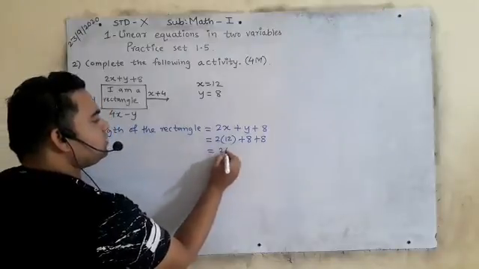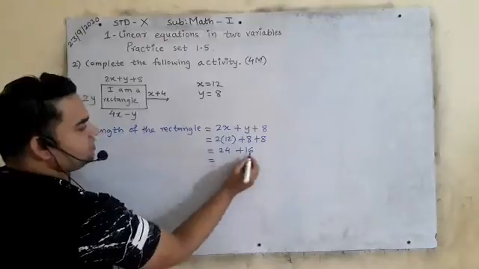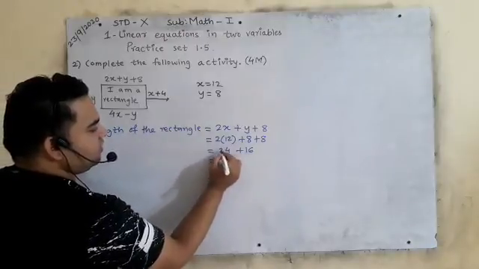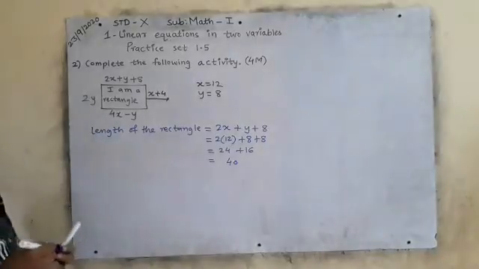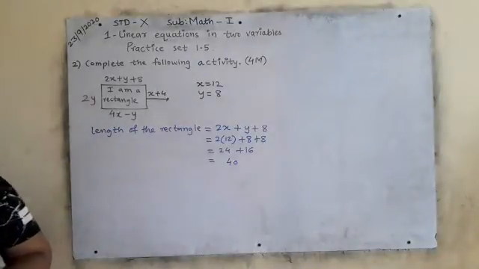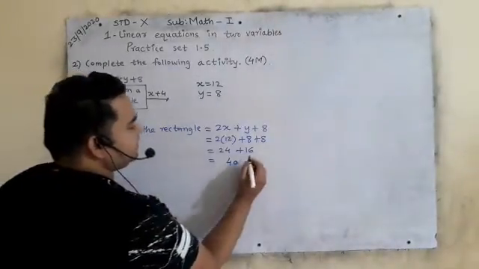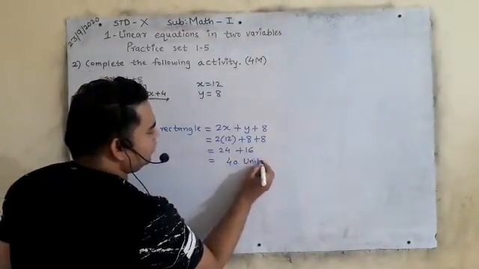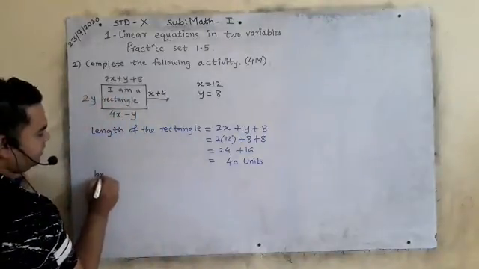So 12 2s are 24 plus 8 and 8, 16. Now addition of this, 6 plus 4 is 10, carry 1, 3 and 1, 4. So 40. If centimeter or meter is not there, you have to write units. So the length of the rectangle is 40 units. Now the breadth of the rectangle.